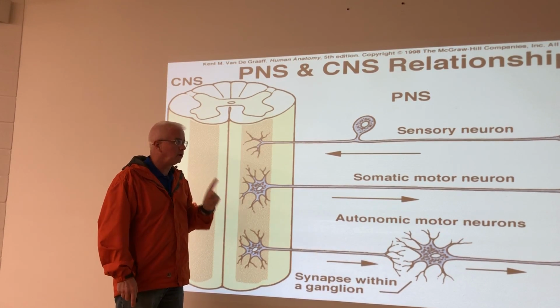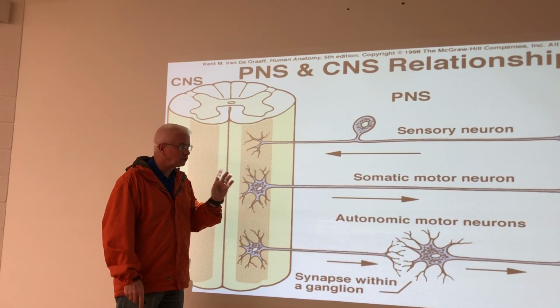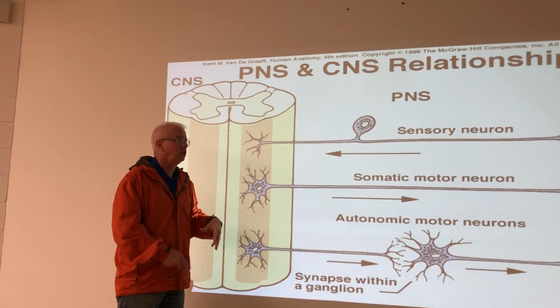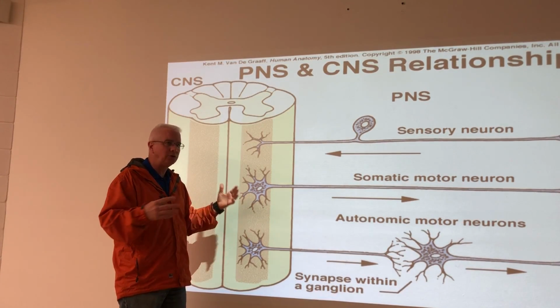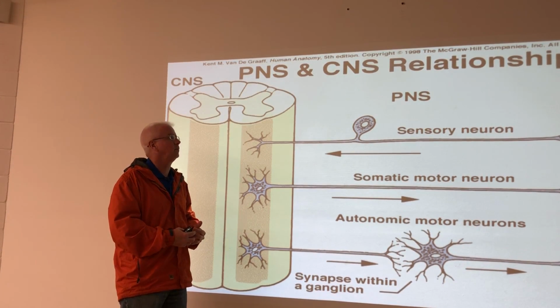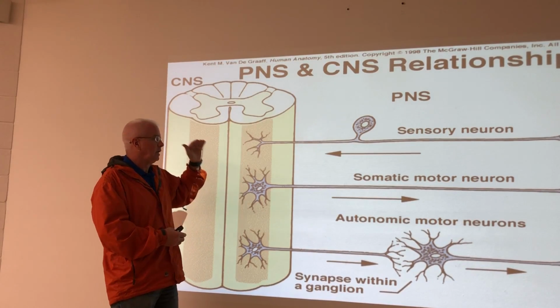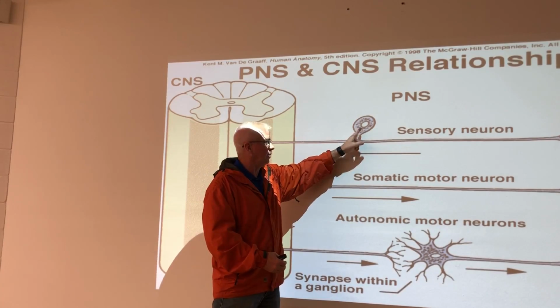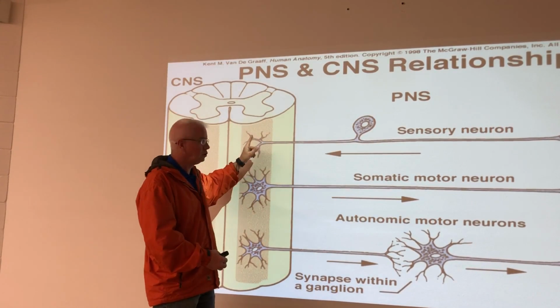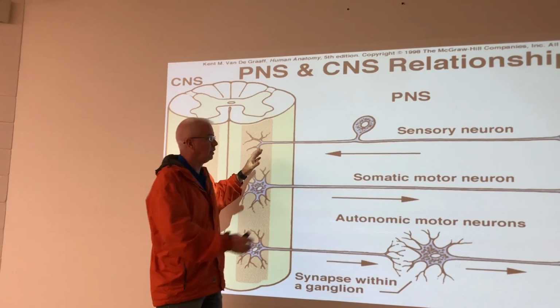So what you learned when I first started talking about nervous system stuff, we talked about this idea that you have information coming to and going away from the nervous system. All right. So imagine in your head a neuron here that is bringing sensory information to the central nervous system.